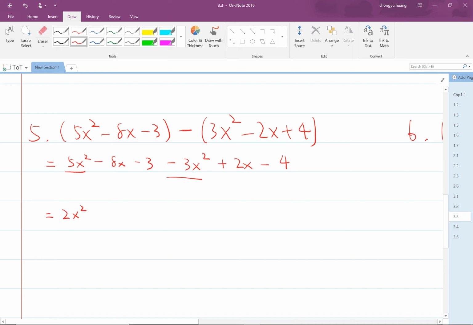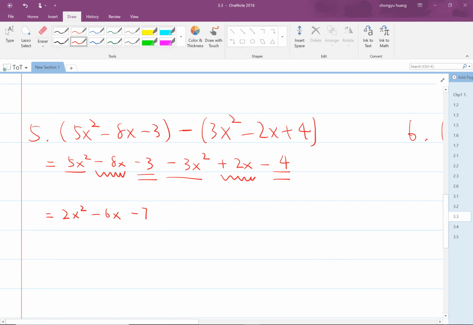And then when we go over here we have a negative 8x, and then we have a plus 2x, so negative 8x plus 2x is actually negative 6x, right? And then over here we have a negative 3, and then a negative 4, so negative 3 minus 4 is negative 7, right?